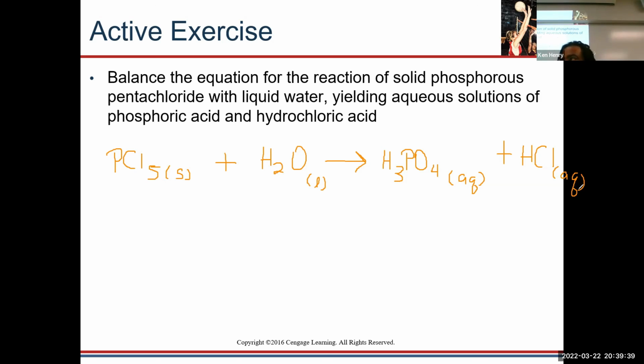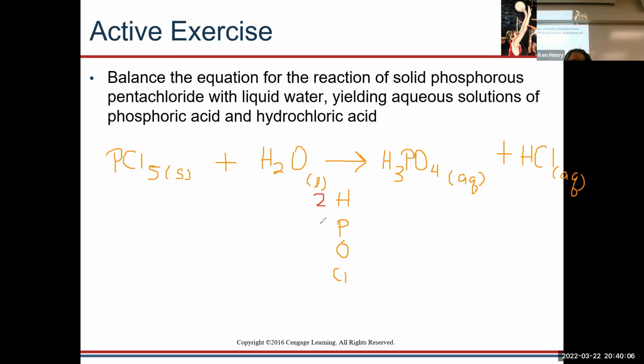Okay. Is it balanced? Okay. So what do we need to do? How many hydrogens do we have on our reactant side? We have 2.